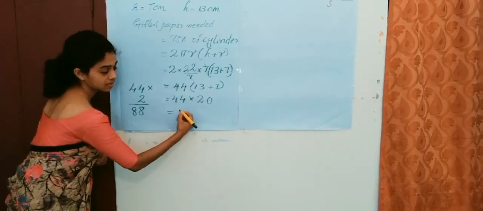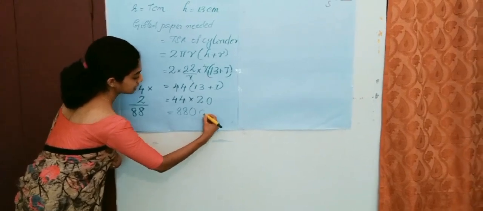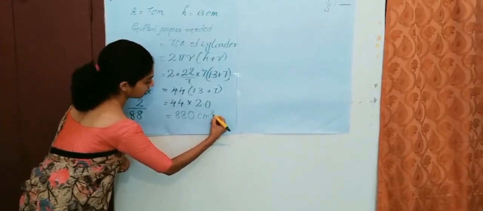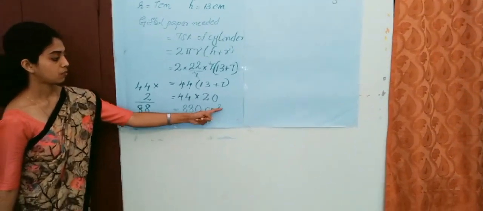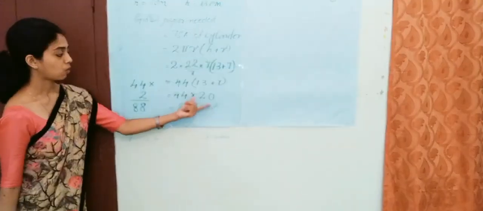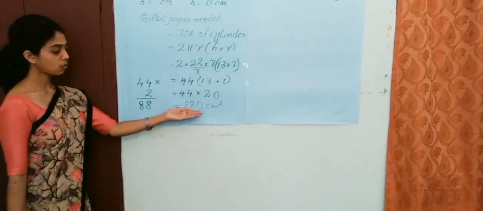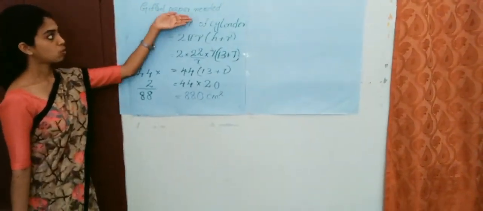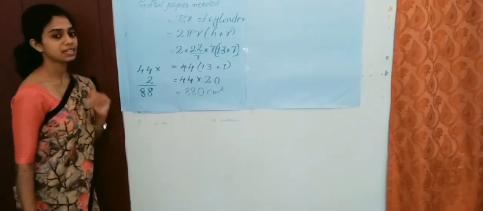So the answer is 880 centimeter square. Here the unit is centimeter square. We know that every time the area is expressed in square units. So we have obtained the amount of paper needed as 880 centimeter square.